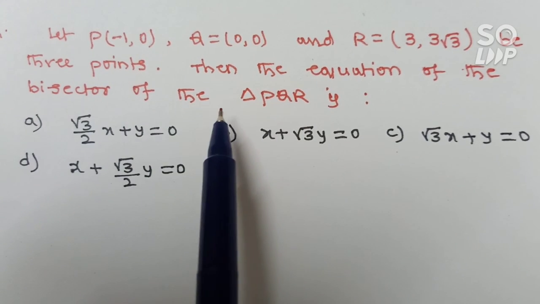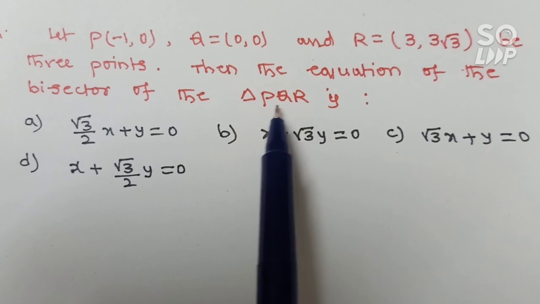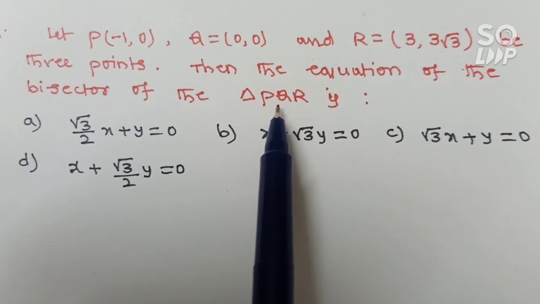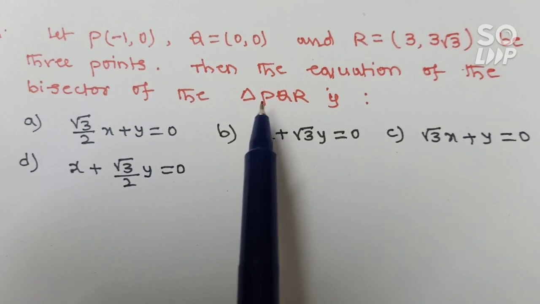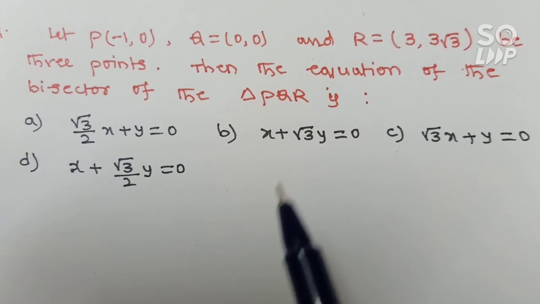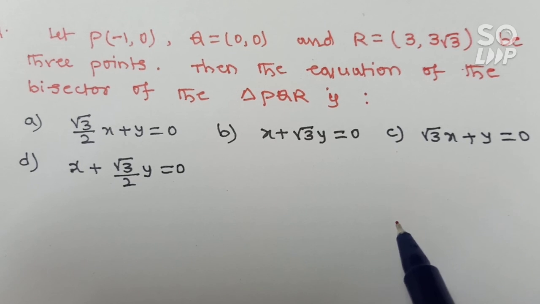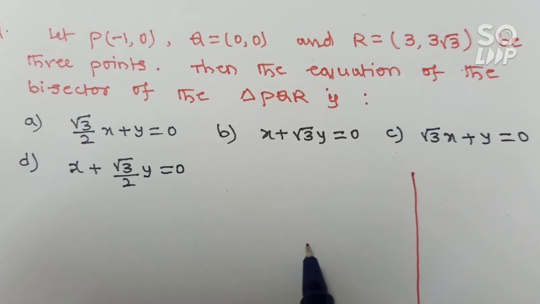Then find the equation of the bisector of triangle PQR. That means we have to find the equation of the bisector at vertex Q.